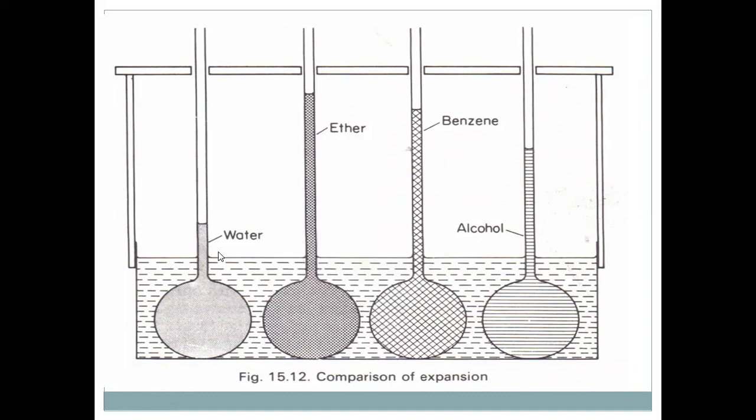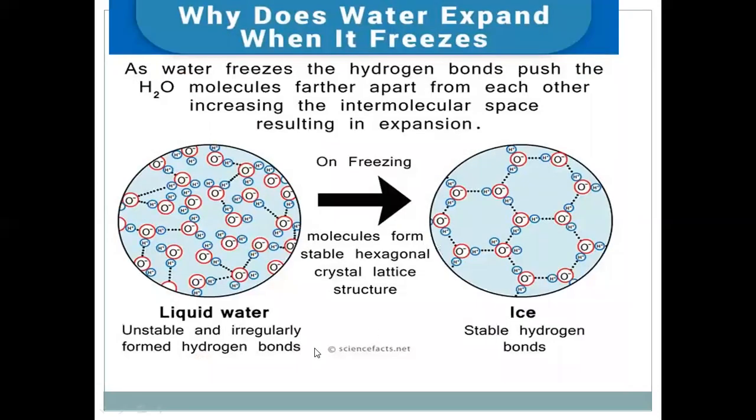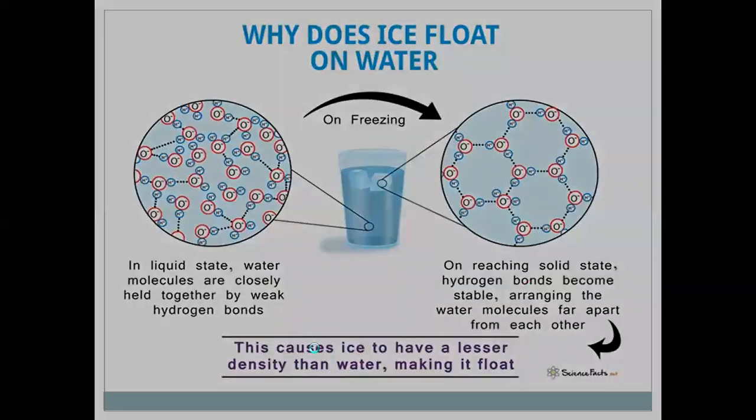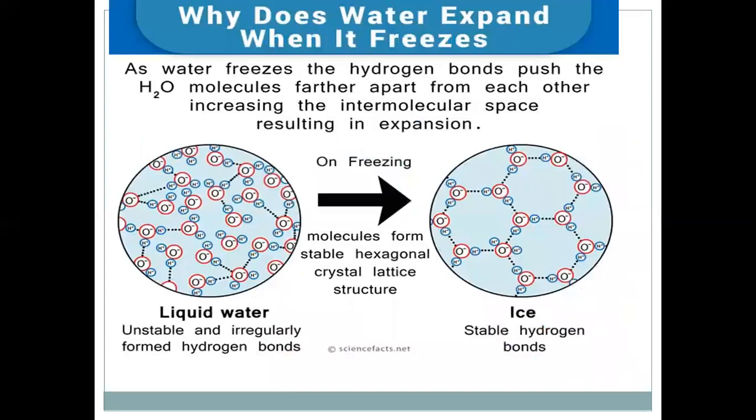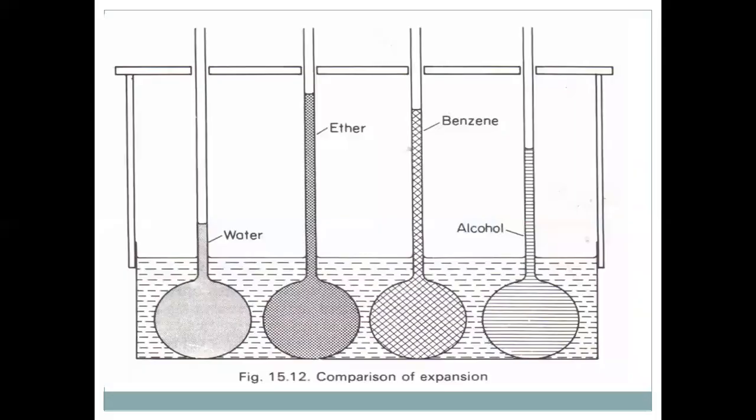Now, look at these beakers. We have different types of liquids. Returning back to our slide, in this container we have water, and we have ether in this one, benzene in this one, and alcohol. As you see, all of them have the same volume of liquid and they are exposed to the same temperature.